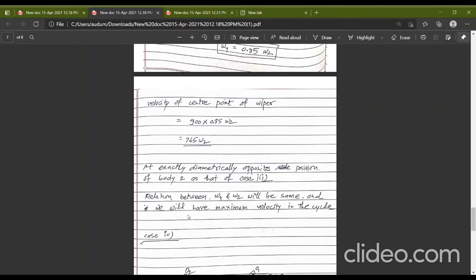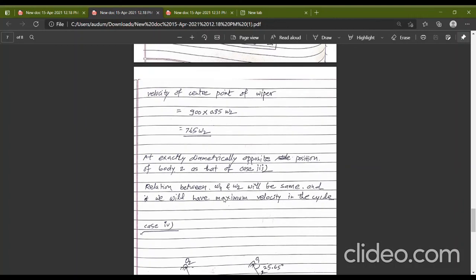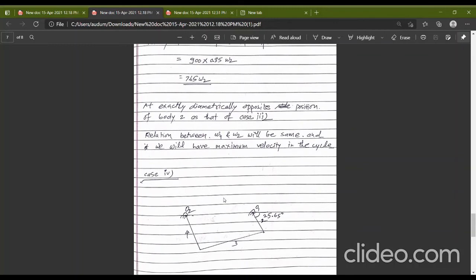Now there will be another position exactly diametrically opposite to case 3, where body 4 also has maximum velocity. This configuration is as follows. Here body 2, that is the rotor, will make a 25.65 degree angle with the horizontal.